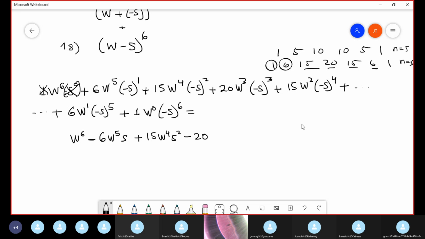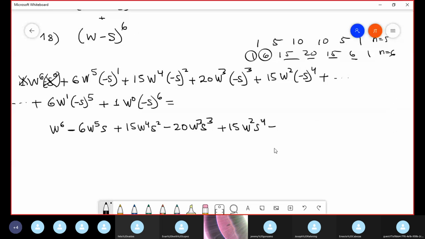Minus 20 w3 x to the 3rd power. Plus, because it's even, 15 w squared x to the 4th power. Minus, because the exponent is odd, 6w x to the 5th power. Plus, no w, because the exponent is 0, x to the 6th power.